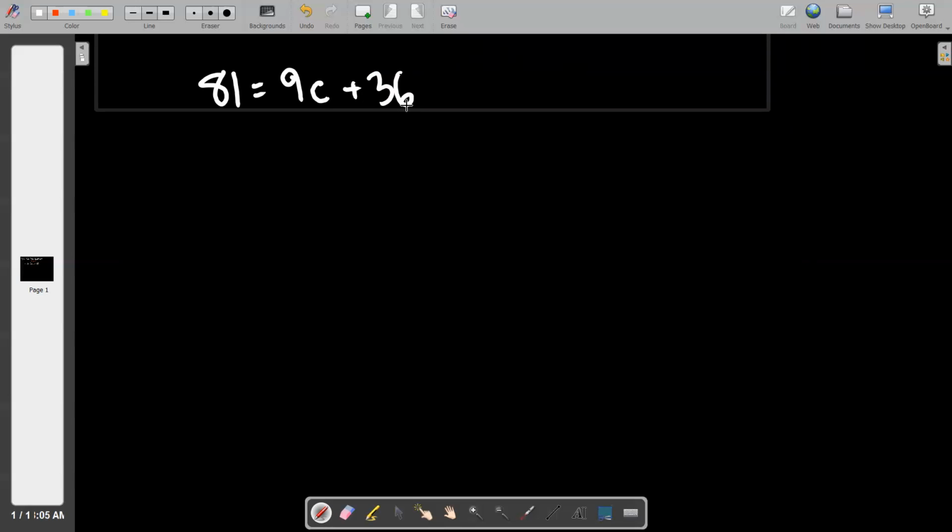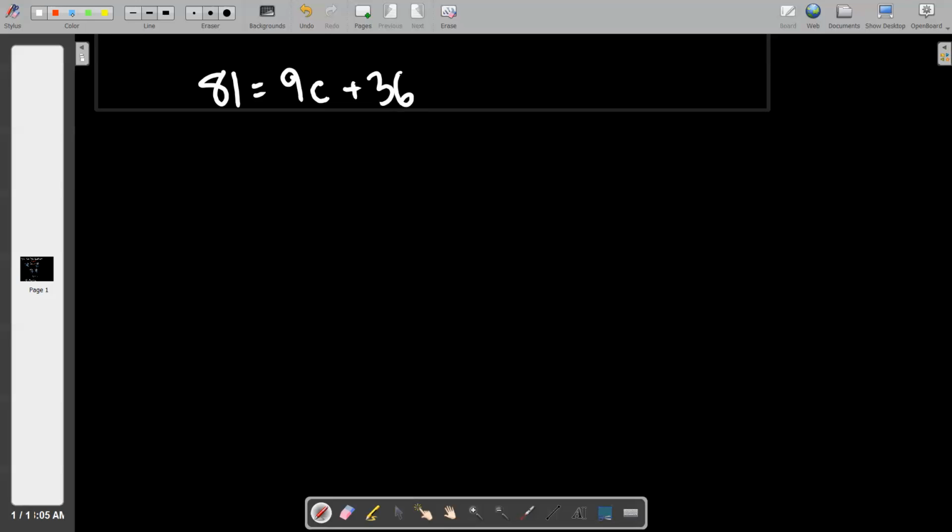Who has to move? The 36. Specifically the 36, because again, we encounter that issue of if we decide to pick on the 81 and move him, we have left the left side with nothing on it. Don't put yourself in that position. The 9c has said, this is my side. I'm going to go ahead and inherit or take over the right side. So 36, hit the road.